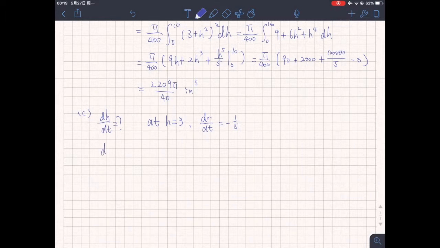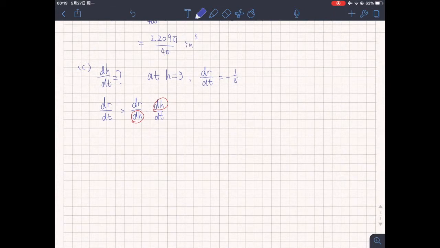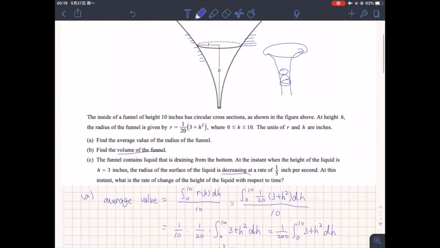First, let's consider what makes up dr over dt. It is dr over dh times dh over dt, where both dh can cancel each other out, and we keep writing our equations. So for the left, dr over dt, it is provided, it is negative 1/5, and at the right, dr over dh.